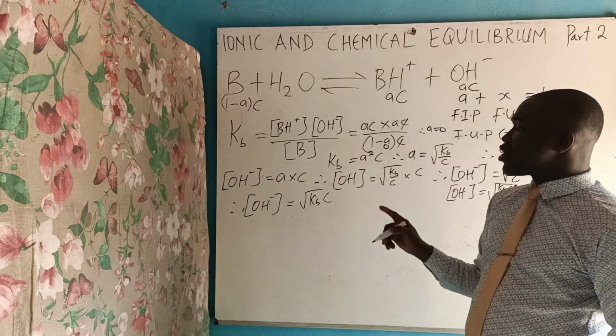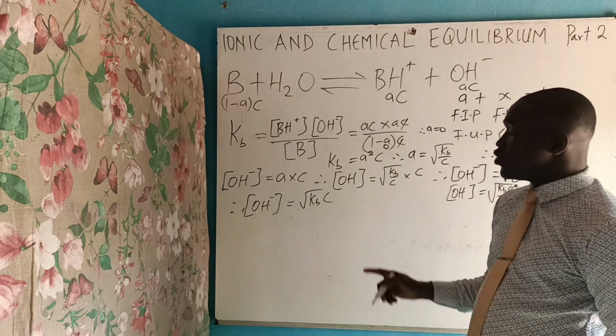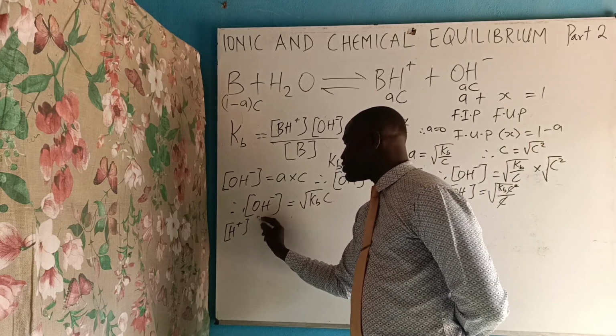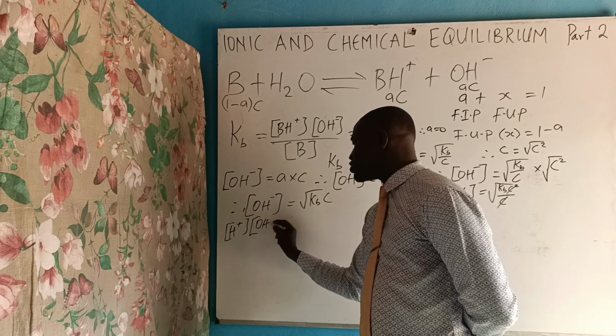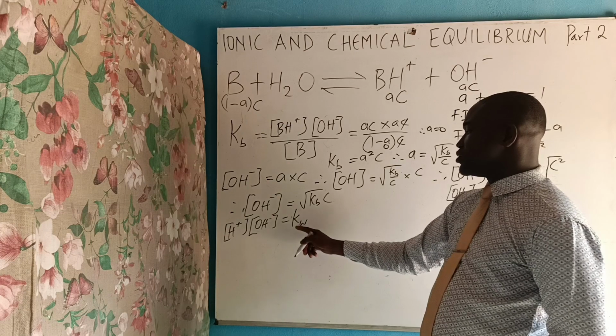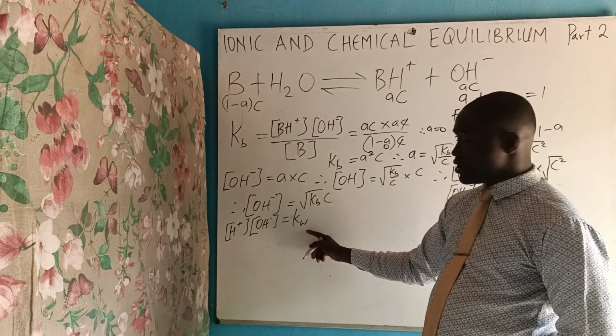Now recall that in the first part of the video, we realized that concentration of hydrogen times concentration of OH will give you the ionization constant of water, so Kw. Are you getting it?